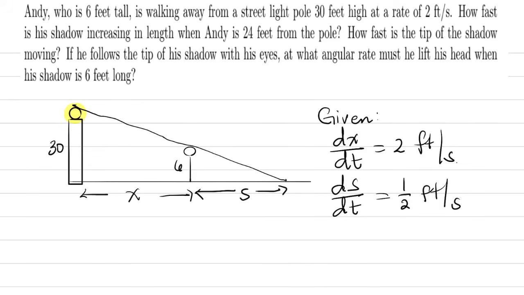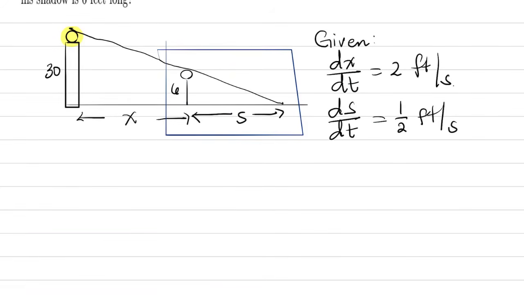So if Andy follows the tip of his shadow with his eyes, we want to know the angular rate. Must he lift his head when his shadow is 6 feet long? Okay. So let's try to illustrate the problem. We want to focus on this part of the illustration. So suppose this is 6 and this is s.